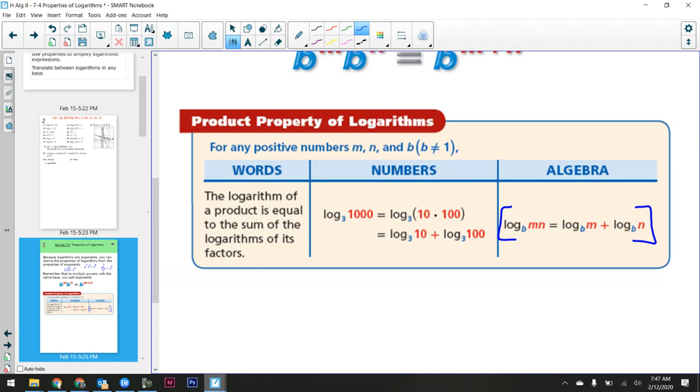So multiplication, this is basically what this thing is saying. Multiplication is addition. Just like exponents, right? Multiplication with like bases was addition within the exponents. And if logarithms are exponents, we must be adding the logs together. Log base b of m times n is equal to log base b of m plus log base b of n.